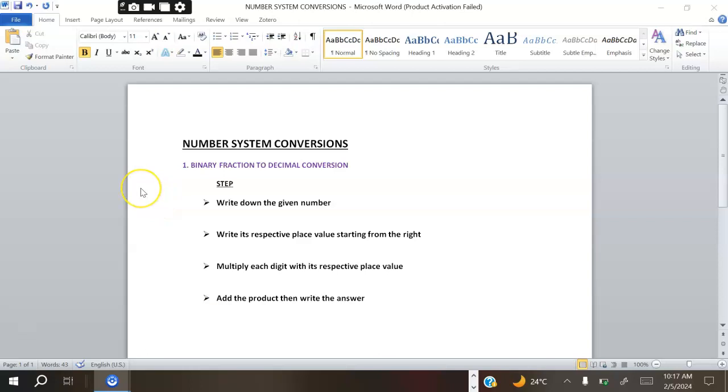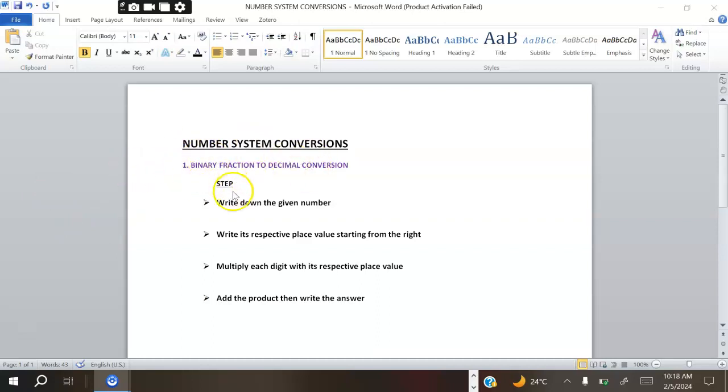In this particular video, I'm going to take you through number system conversion, and for this video we are going to look at binary fraction to decimal. These are the steps that we take whenever we want to convert a binary to a decimal number.